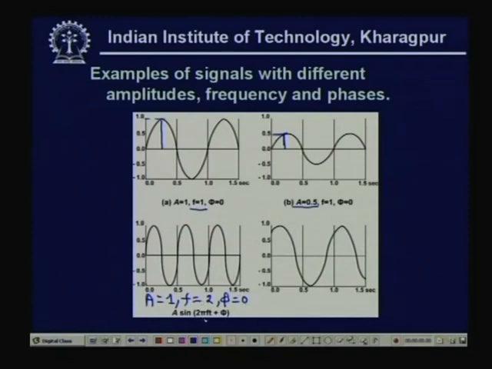Now, in this diagram we have phase, as you can see, everything is the same with respect to this except phase. It is not starting at 0, that means 0 volt is not at the 0 point, and there is a phase shift of about 45 degrees, and phase is expressed in terms of degrees or radians, as we shall see. So, in this particular case, A is equal to 1 volt, f is equal to 1 hertz, because in 1 second again 1 cycle is completed, and phase is equal to 45 degrees.